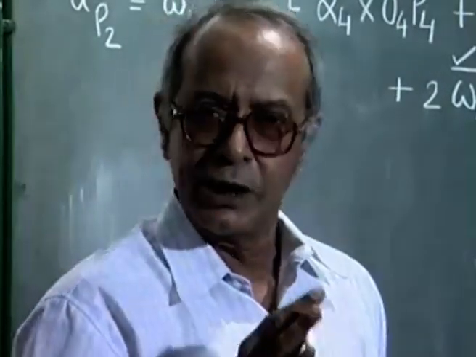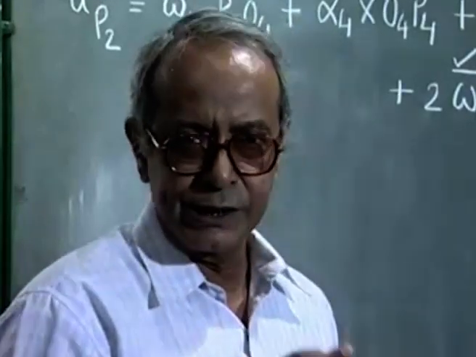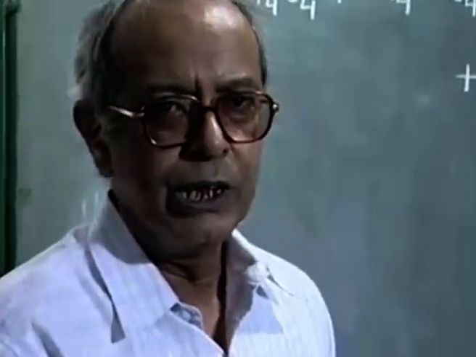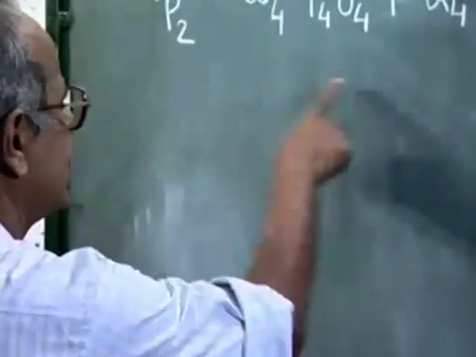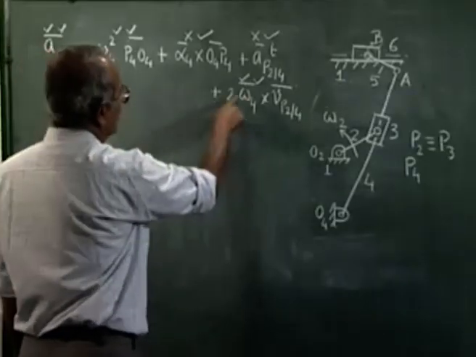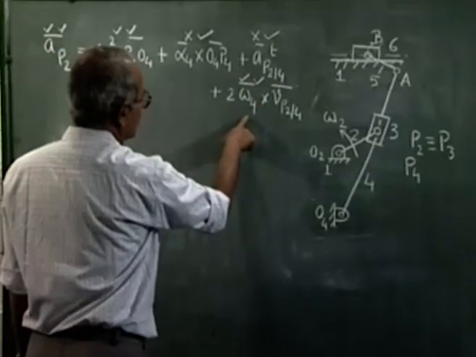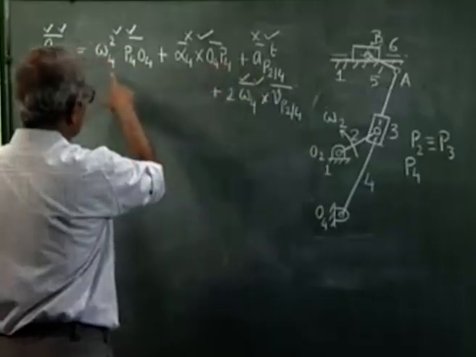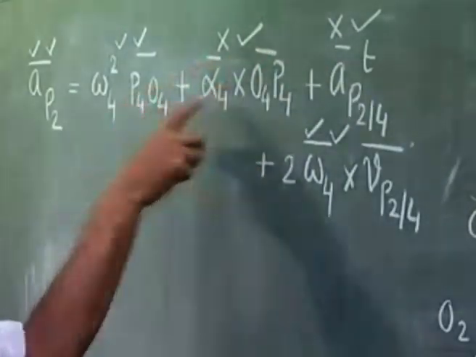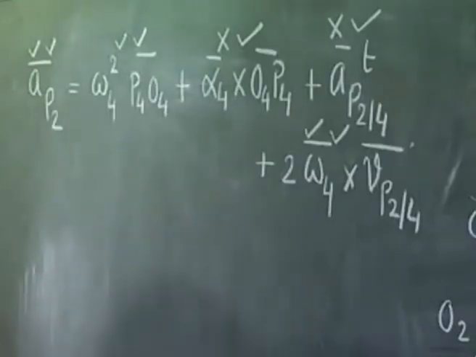So, by considering two instantaneously coincident points P2 and P4, we reach this acceleration equation between AP2, the Coriolis component AP24 and AP4. Because there are two unknowns in this vector equation, let me draw the acceleration diagram.